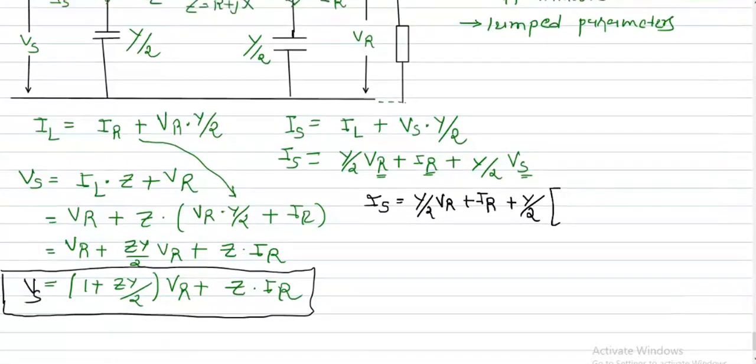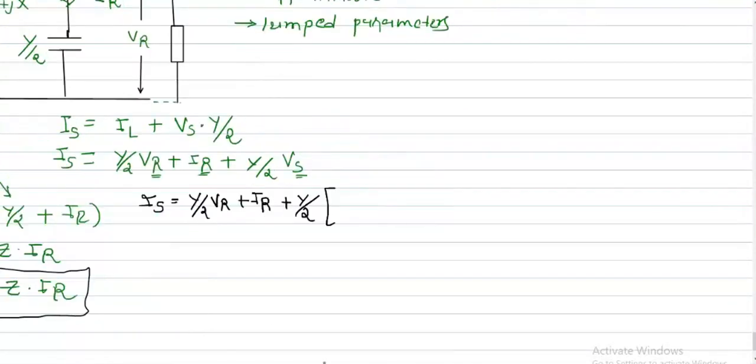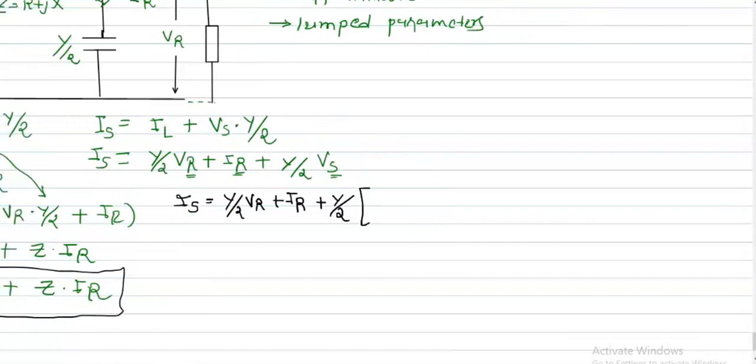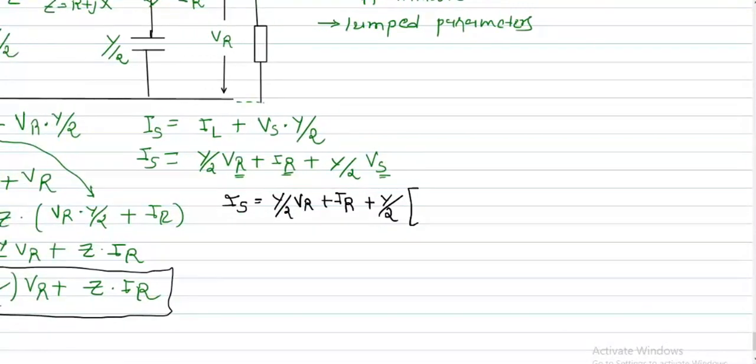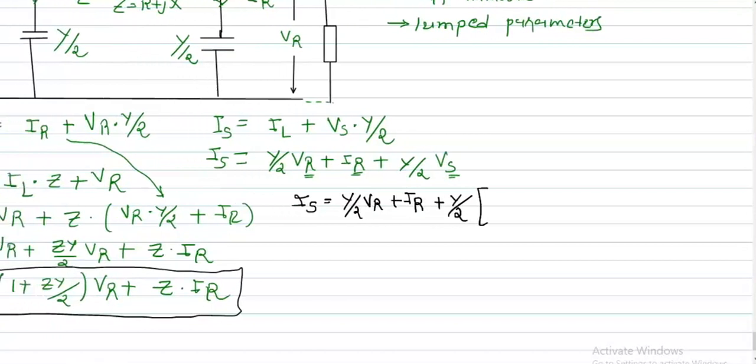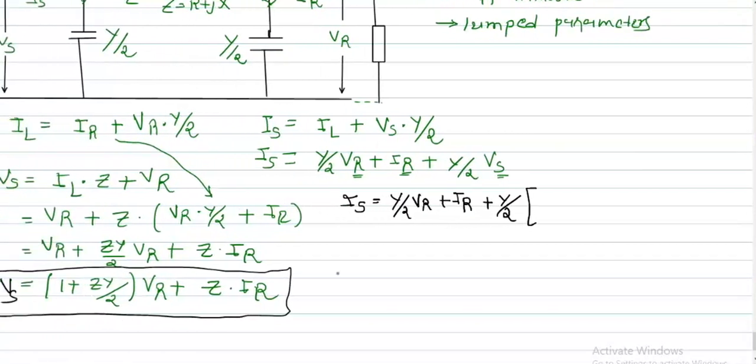I will introduce some space here. Right, so I will write it in this space. It is 1 plus ZY by 2 into VR, this is this equation, Vs, plus Z into IR.